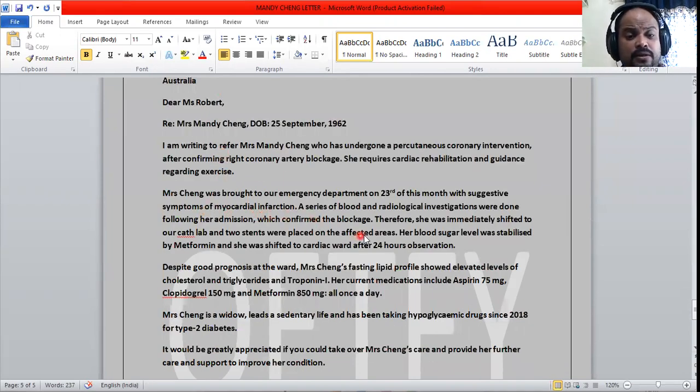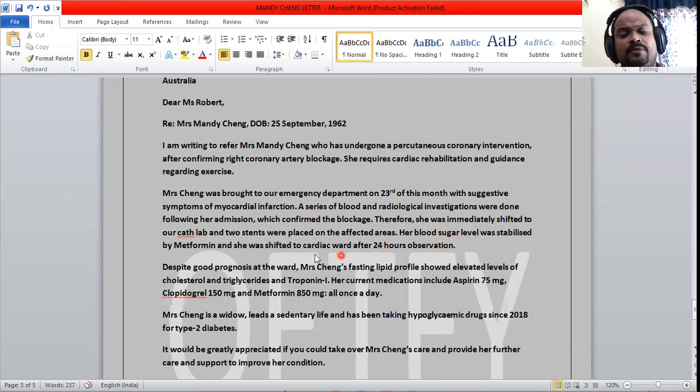She was therefore immediately shifted to our cath lab. Again, our cath lab means in our hospital. And 2 stents were placed on the affected areas. Where the affected areas are, I don't know. It's general, it's a briefing.